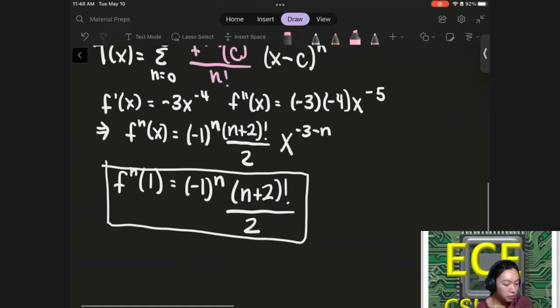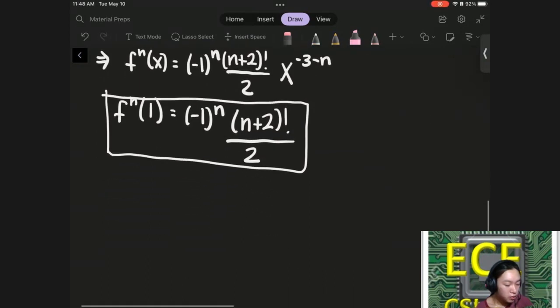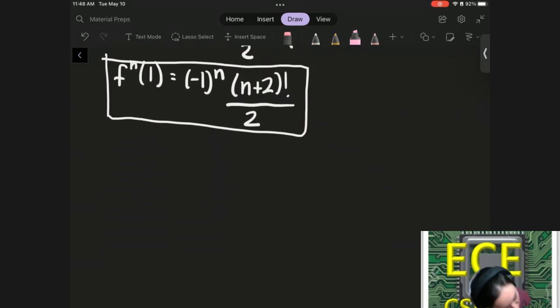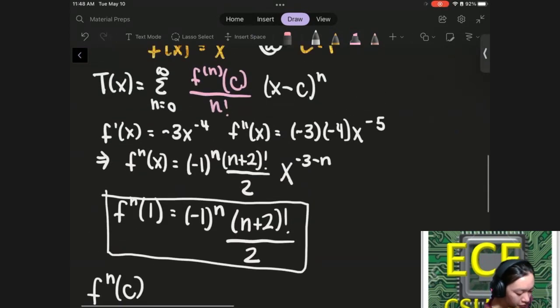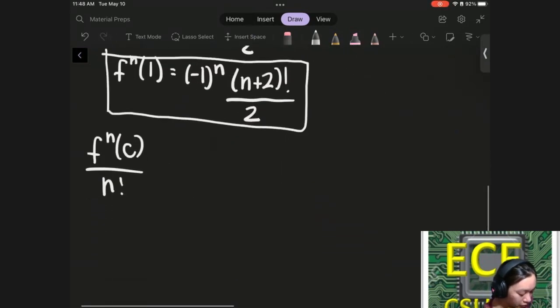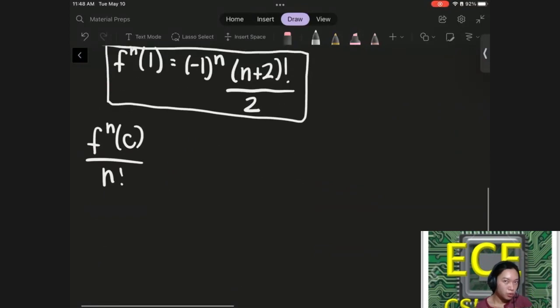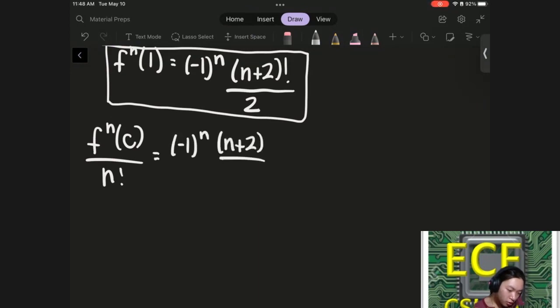Okay. So that factorial is f to the n of c all over n factorial. That's just take what we got from before, all over 2.